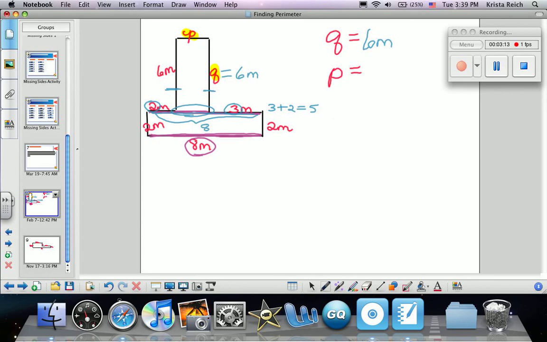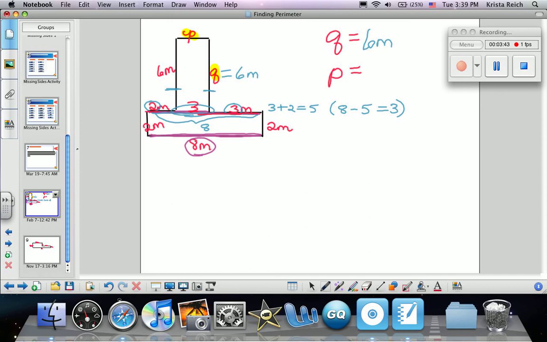Well, can't I just take this side, 8, minus 5, and get 3? So now, 3 plus 3 is 6, plus 2 is 8. So now, this side is 8.